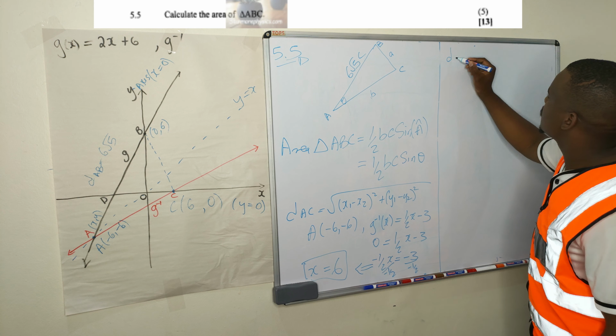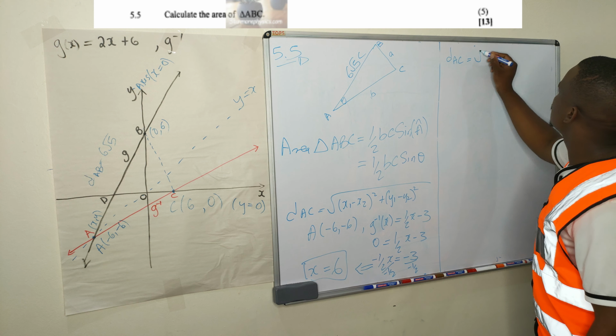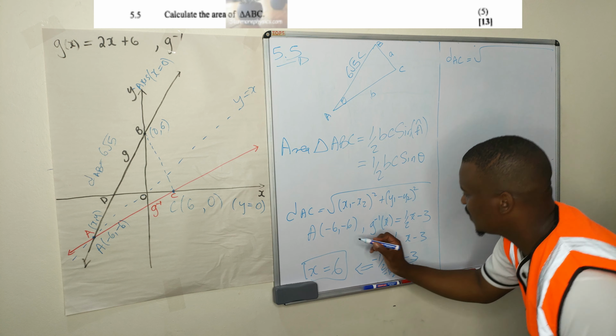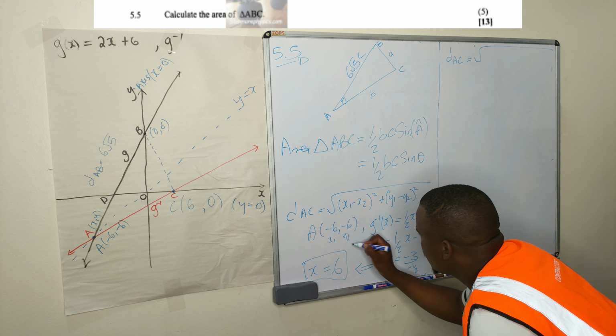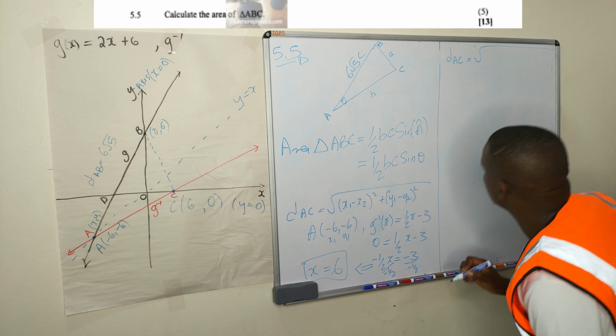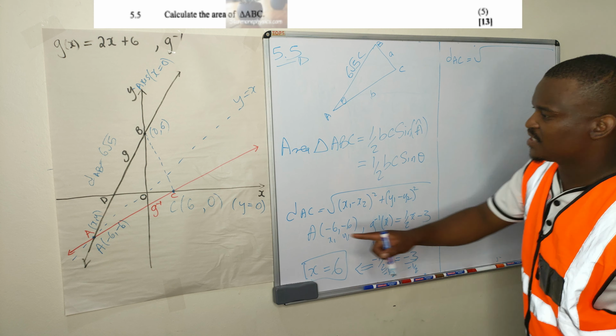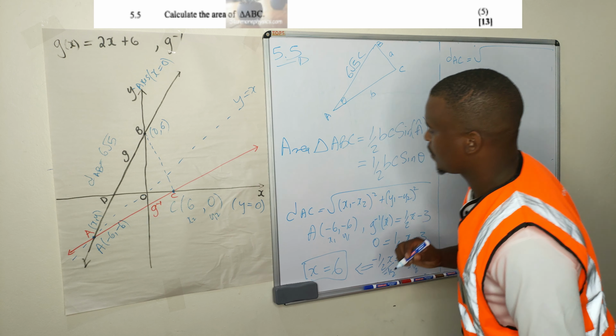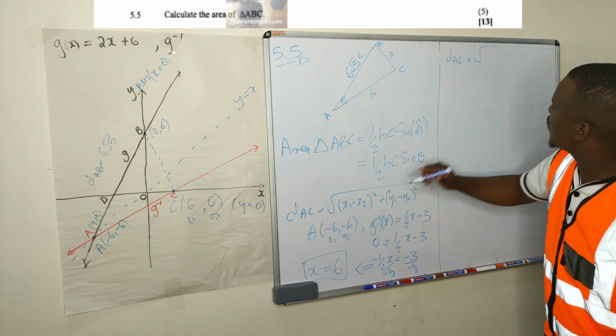So the distance AC is equal to the square root of what? Let's say this is your x1, y1, it's your A. What is your C? Your coordinates for C are 6 and 0. Let's say this is x2, y2. So we say x1 minus x2.